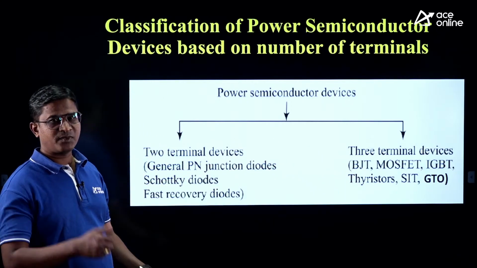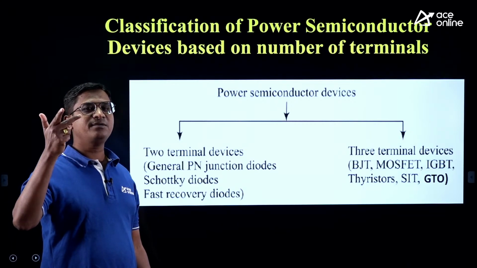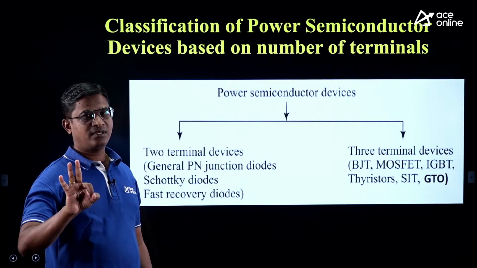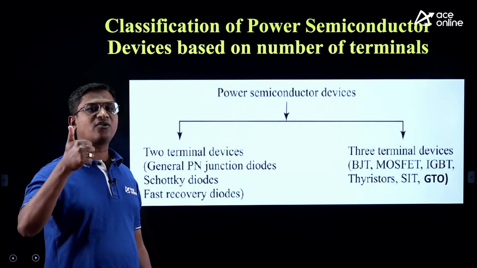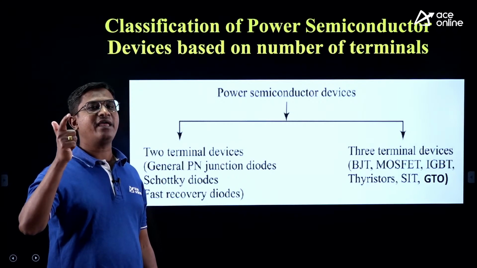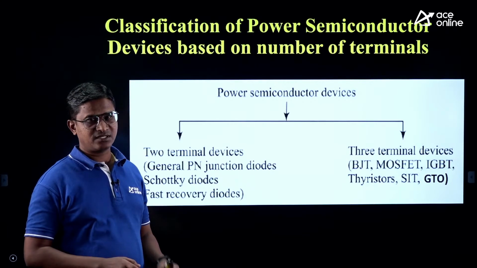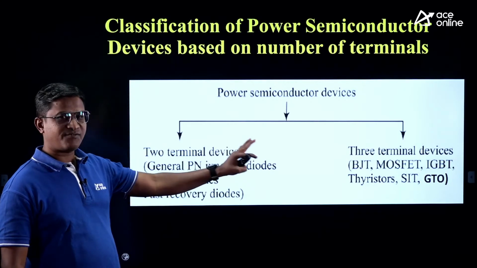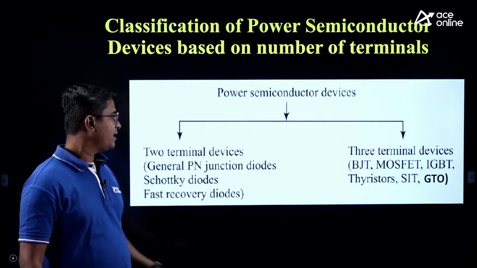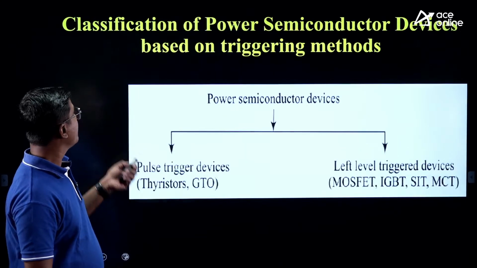Transistor family means power MOSFET, power BJT, IGBT; these 3 are transistor family devices. Thyristor family devices means silicon controlled rectifier, that is SCR, right. Second is your TRIAC and GTO; these are thyristor family devices, okay. So thyristor family and transistor family devices are 3 terminal devices, and 2 terminal devices are only diodes, okay, only diodes.